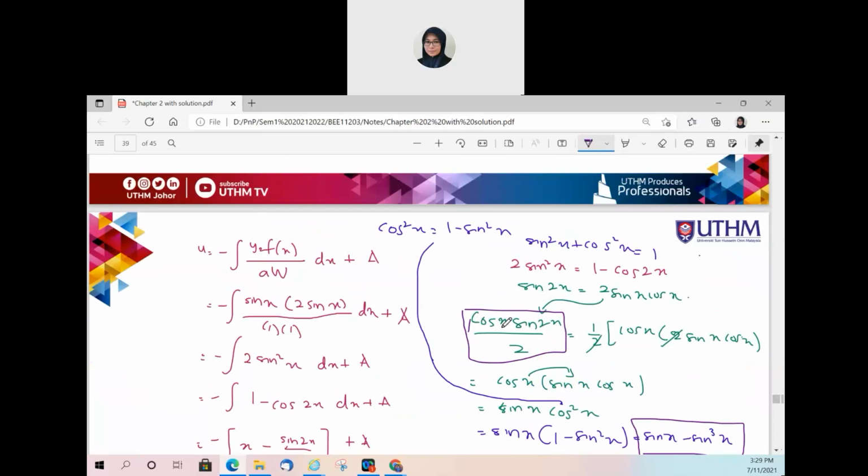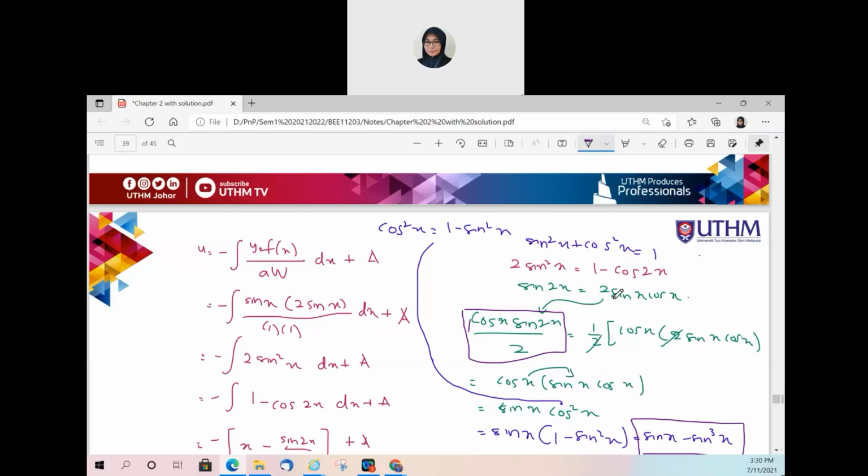So cos x sin 2x over 2 is actually equal to, over 2 ni kita keluarkan setengah, cos x sin 2x. So we know that sin 2x is actually 2 sin x cos x. This one you have to refer to the trigonometry punya table.